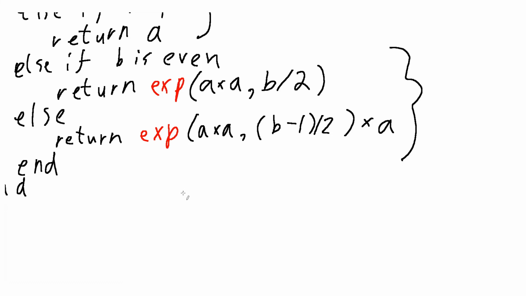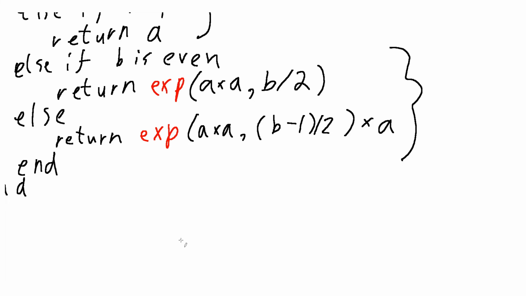So here, let's look at first the even case. The amount of steps that this is going to take will depend on the amount of calls that we're doing to the exp function. So the time complexity of this algorithm is determined by how many times the exp function is recursively called by itself.